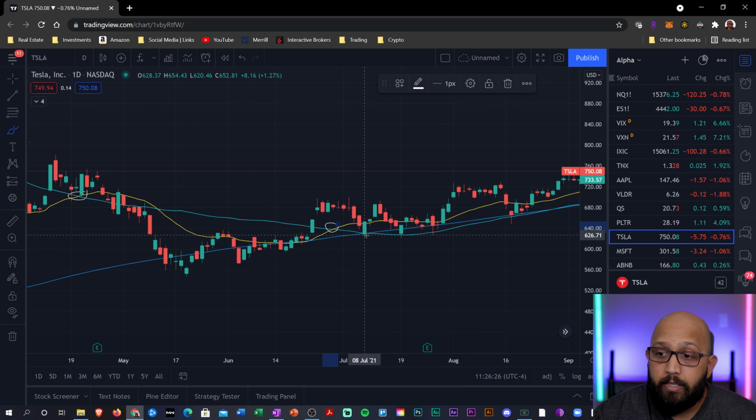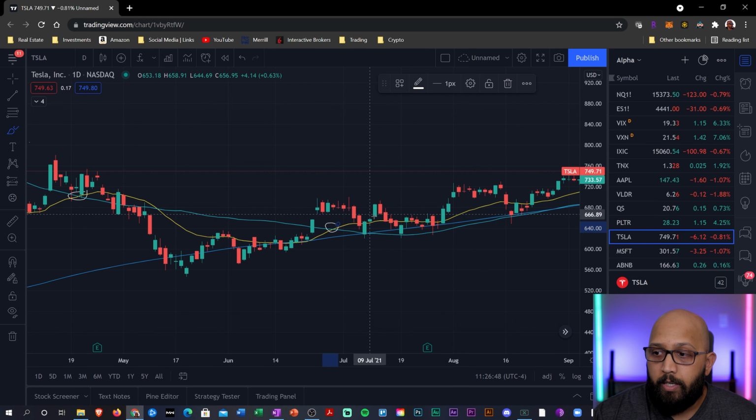It comes back down and tests this 50 moving average and the 200 moving average. And maybe here you enter because you see this bullish action, the price going up. Maybe even here you enter, at 686. Either of these will be fine, because now we're well above the 21, the 50, and the 200.